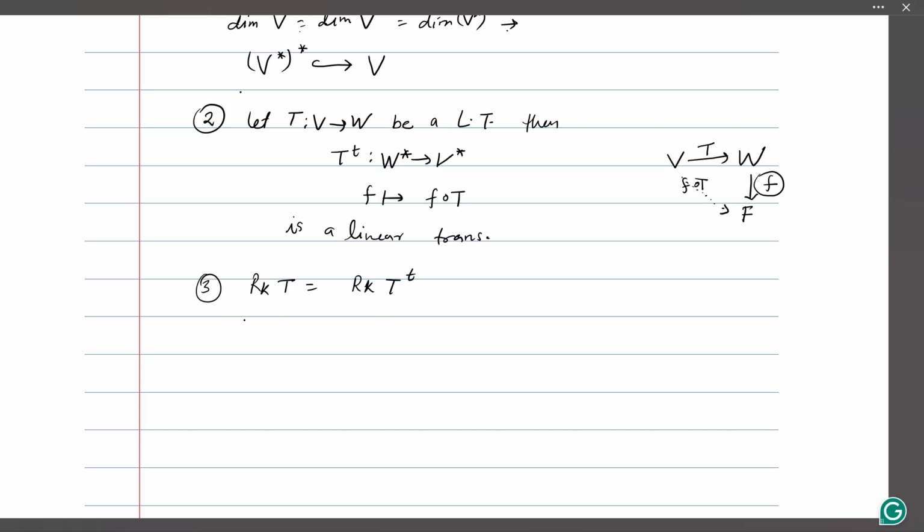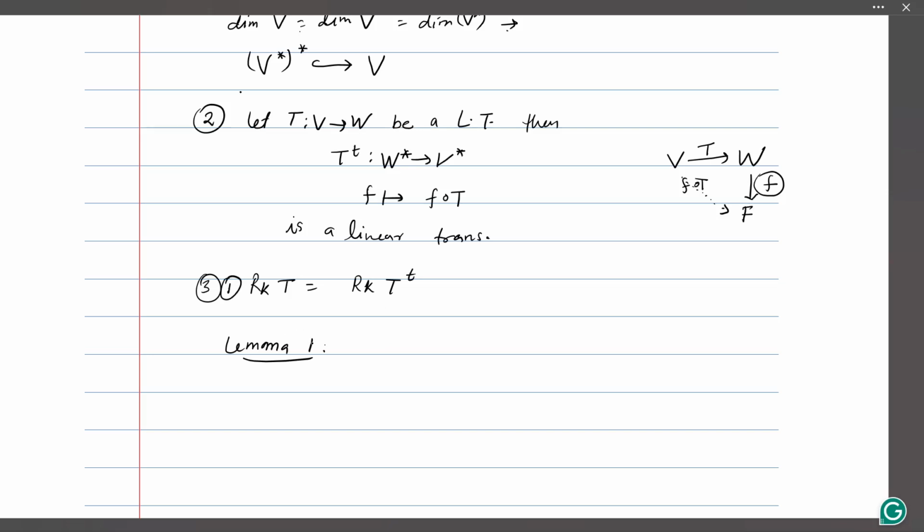While showing this, we used two lemmas, right? Lemma one was this. Sorry, my fault. This was the first lemma.